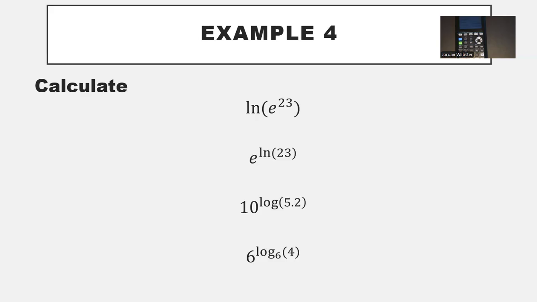Now, I want to point out something. When we did natural log of e to the 23rd power, we got out 23. What if I did that in reverse? What if I did e to the natural log of 23 as its exponent? And then I'll do 10 to the log of 5.2 as the exponent.